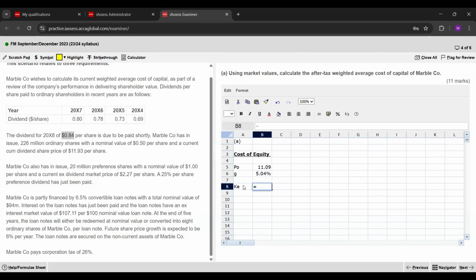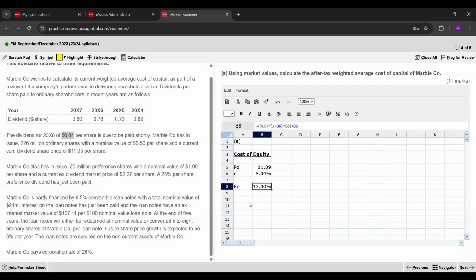Cost of equity equals the dividend D0, 0.84, into 1 plus g, divided by the ex-rights price P0, plus the growth. What is the cost of equity then? KE is 13%. Very simple calculation done.